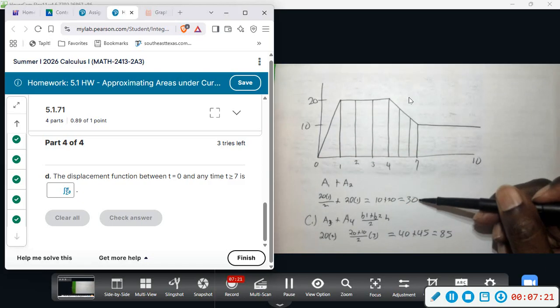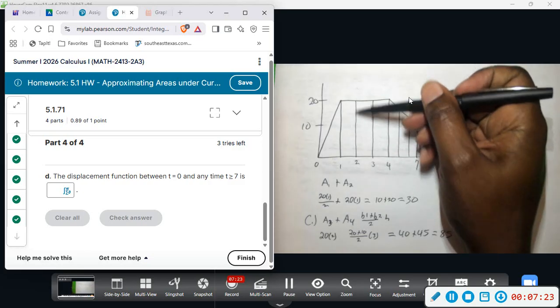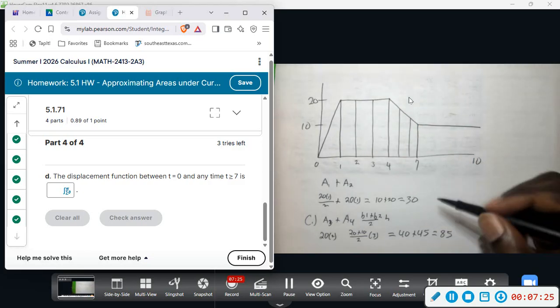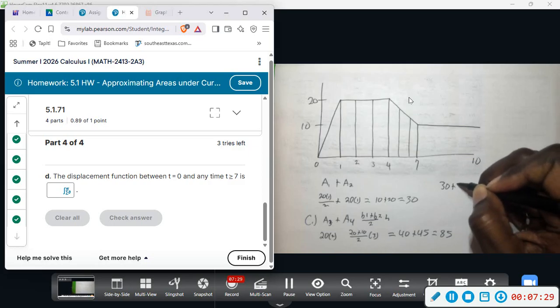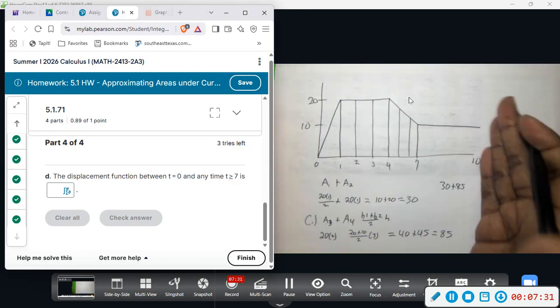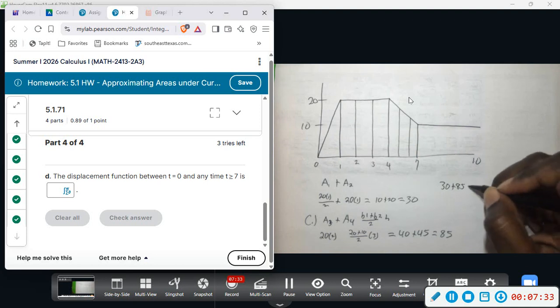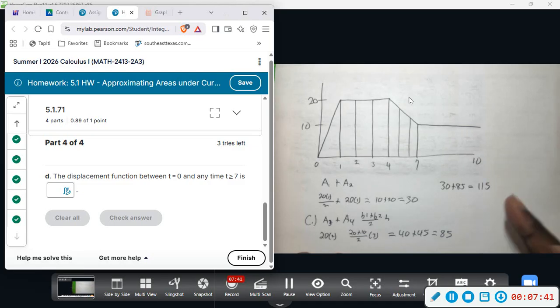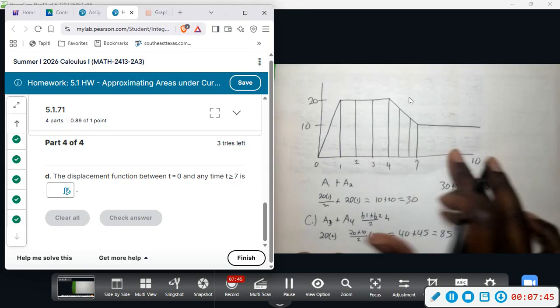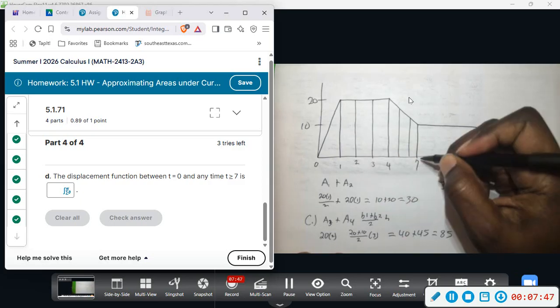We've done the 30 and we've done the 85. So 30 plus 85 is going to be part of that formula, because we want the total displacement. This is going to give us 115. After here, we need some kind of formula that says when we hit 8, we're going to add 10, and so forth.